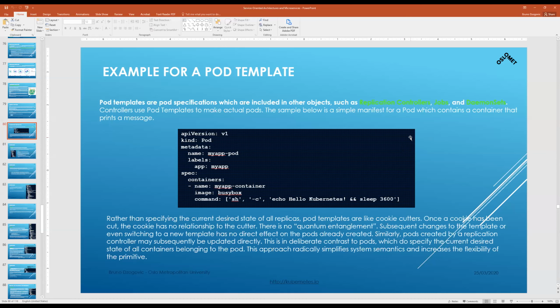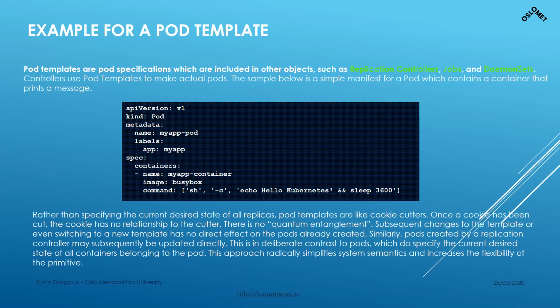Okay, so we can proceed with the examples. Let me just put this in full screen. Right, so this is a small example of a template that prints a message. This is how you can run literally an app with Kubernetes. It will pull a small image, which is, I think, the smallest instance you can get, called BusyBox. This will print a message. It will say, hello, Kubernetes, and run it in a pod.